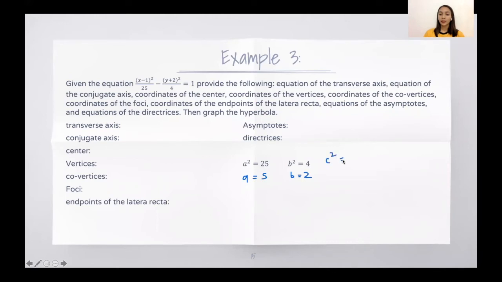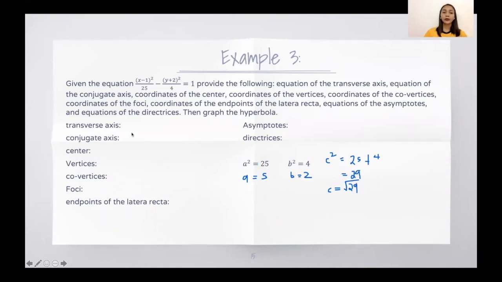A squared plus b squared, so 25 plus 4 is 29. So c squared is equal to 29. So to find the value of c, we are just going to square root 29. So ano yung square root ng 29? Square root of 29 pa rin. Okay, c is equal to the square root of 29, a is equal to 5, and b is equal to 2.